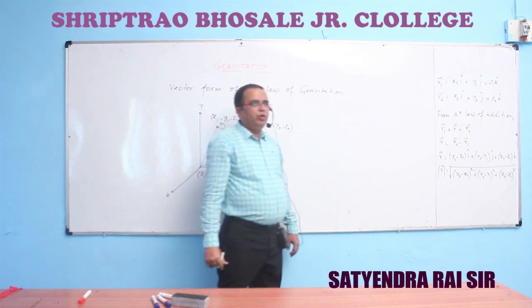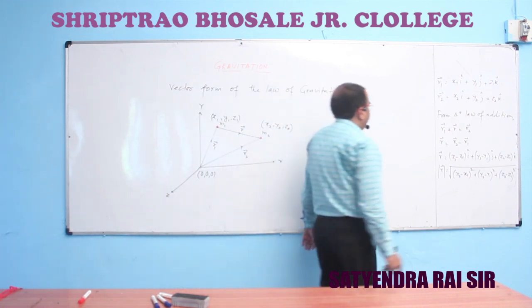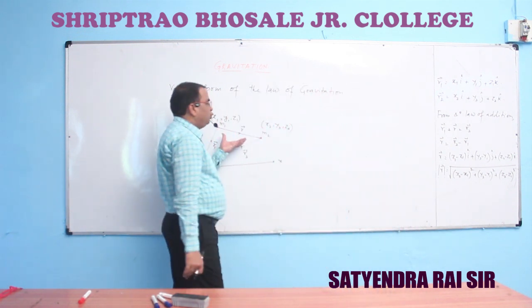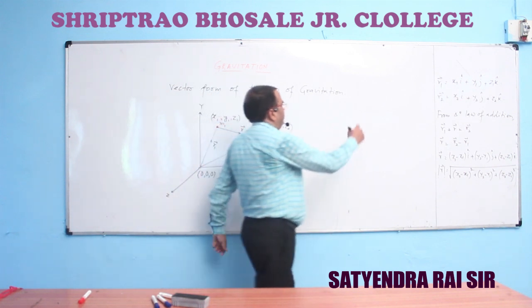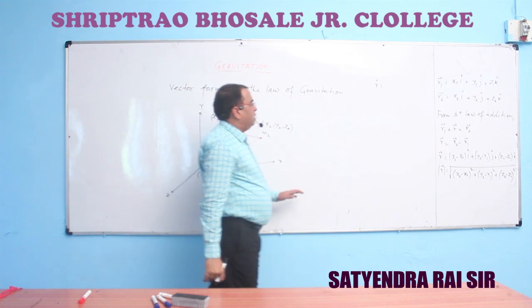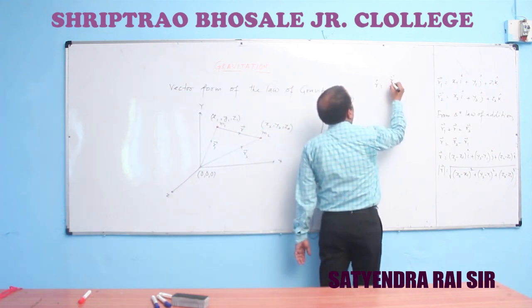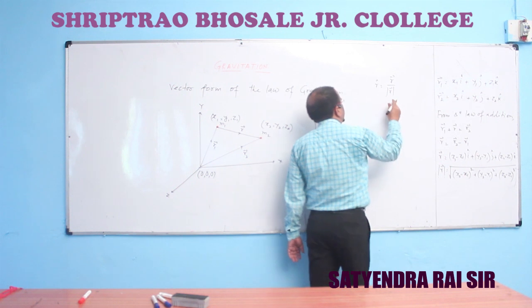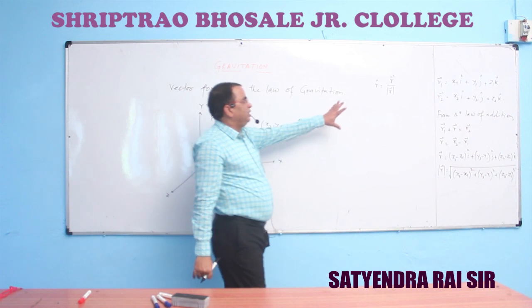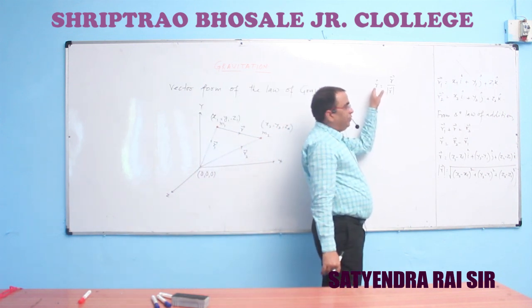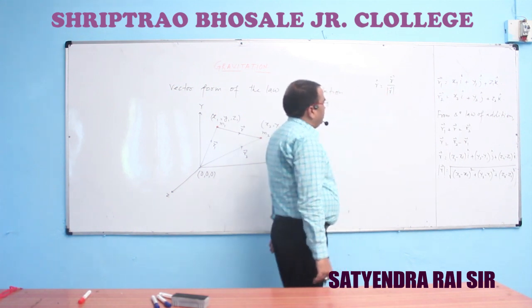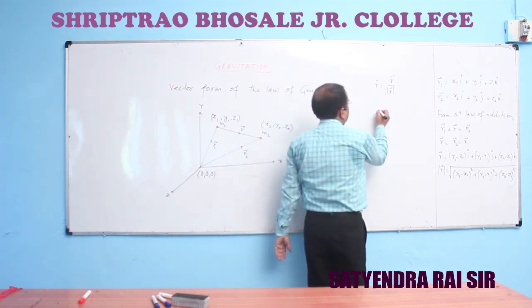One more thing we know from vectors is the unit radial vector R cap. The unit vector along the given vector r is equal to the vector divided by its magnitude, so R cap equals r upon its magnitude.